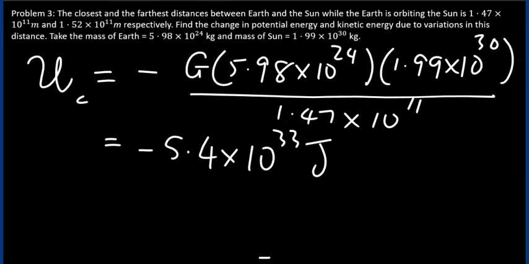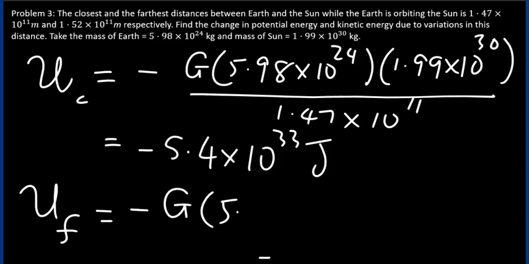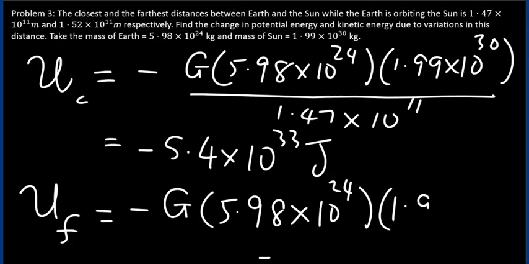Let's compute the potential energy of the system when the Earth is furthest from the Sun. And that's going to be, let's call it U sub F. And that's going to be minus G. The mass of the Earth is 5.98 times 10 to the power 24. Sun is 1.99 times 10 to the power 30.